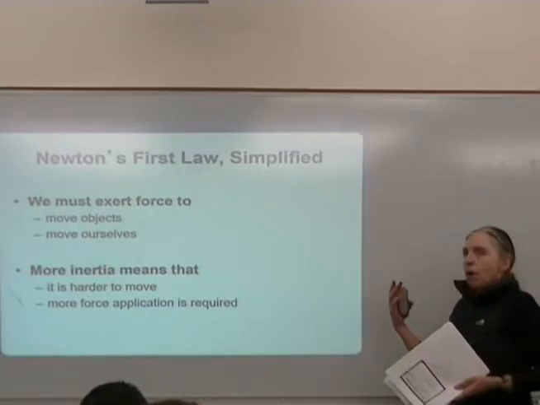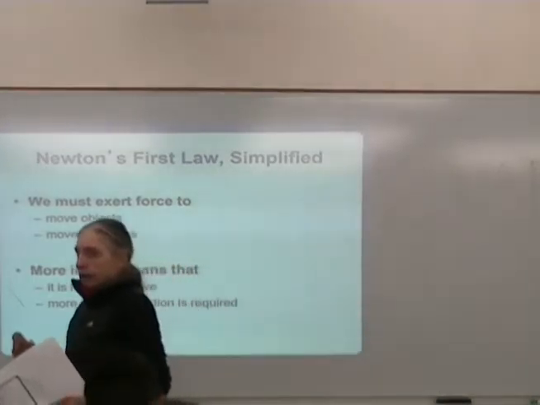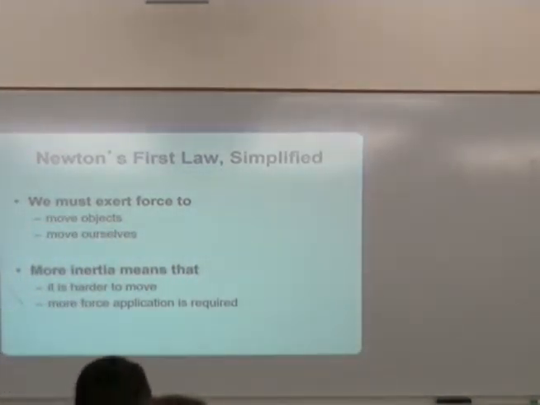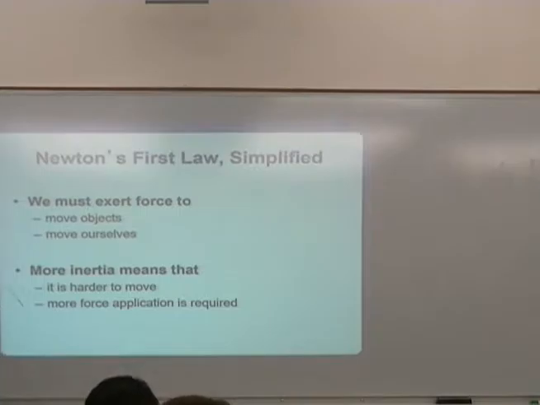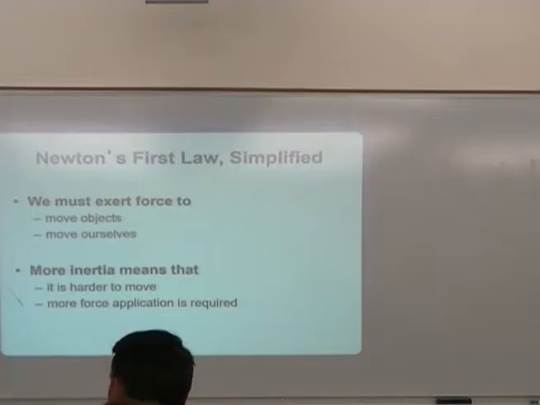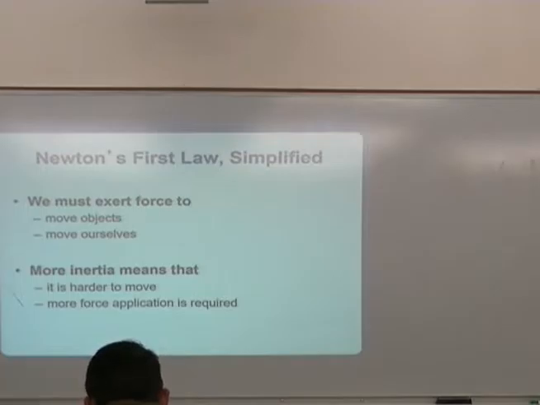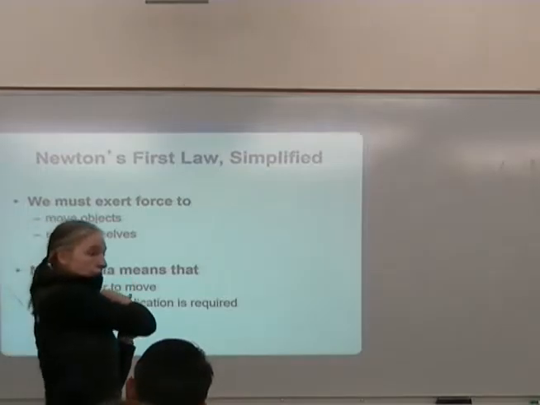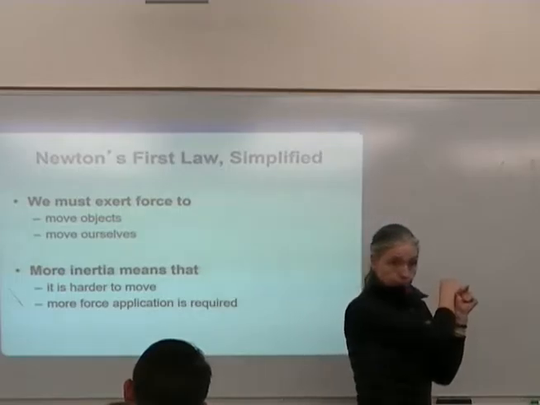So let's think about why we need this when we're looking at our fundamental motor skills. Right? If I'm going to swing a baseball bat, the baseball bat has mass. So the first thing that my brain has to work out is how much force do I have to develop to overcome the inertia that the bat has in order to move the bat.